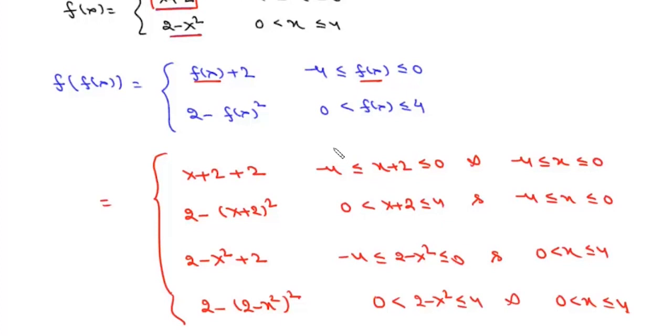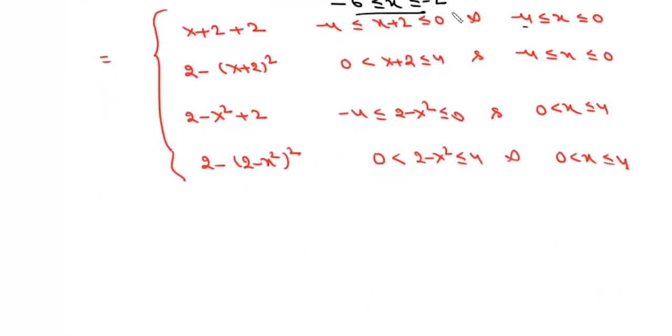Now here the value of x is -6 is less than x is less than -2, and here it is from -4 to 0. Now if we take intersection of these two conditions, we'll get the value of x between -4 and -2.